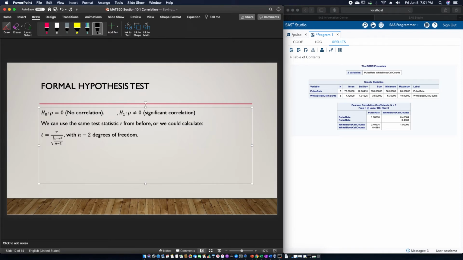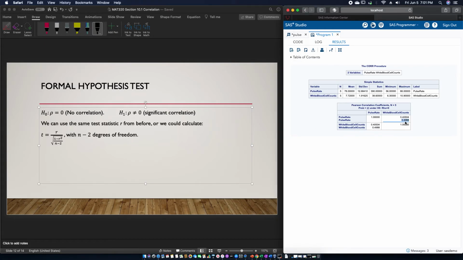We can use the same test statistic r from before, or we could calculate the t-value: r divided by the square root of (1 minus r squared) over (n minus 2), with n minus 2 degrees of freedom. But as I said before, it is located inside of this table that we get, which I highlighted there and down here.